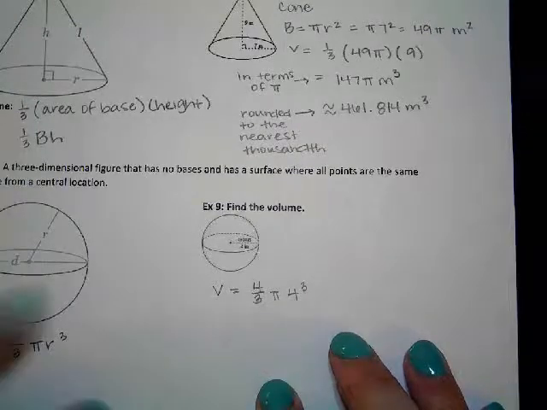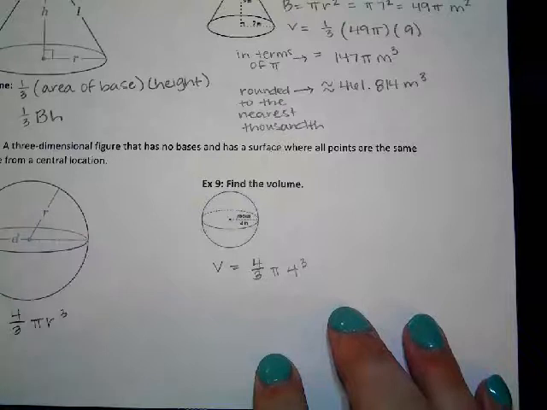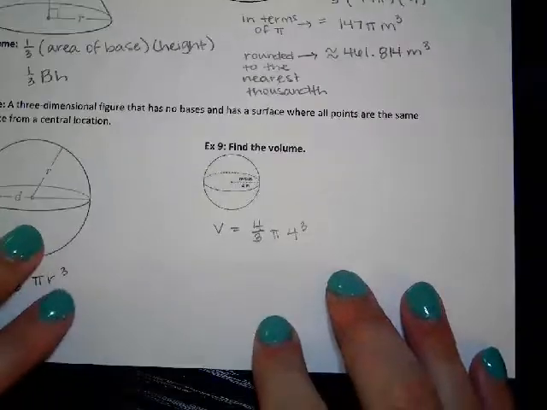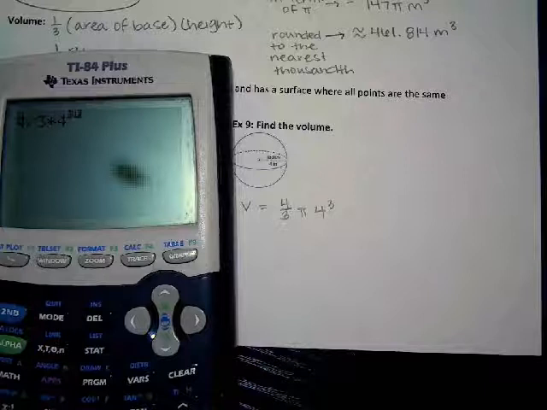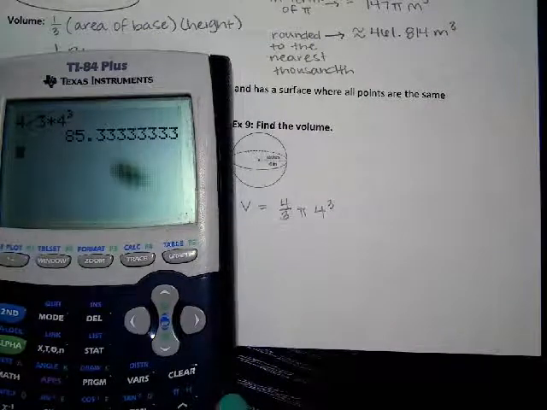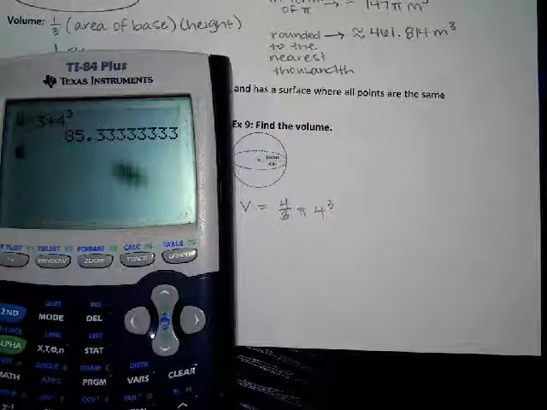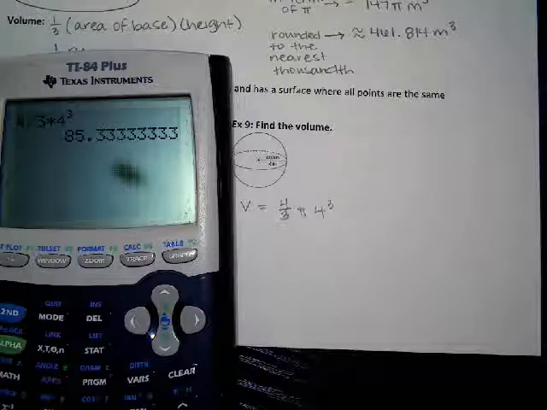Okay, so we'll do the same thing for example 9. If I do the answer in terms of pi, I'm just going to type in 4/3 times 4 to the 3rd. And I'm not going to write 85.333, because if I write 85.333, what have I done?